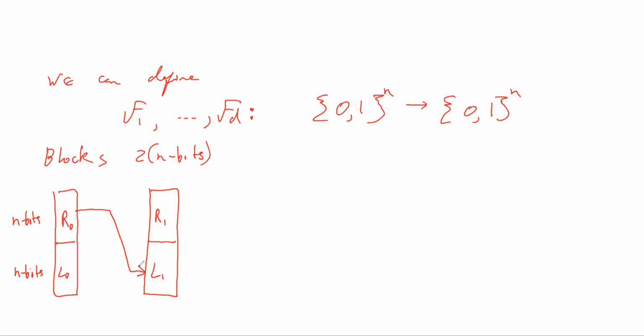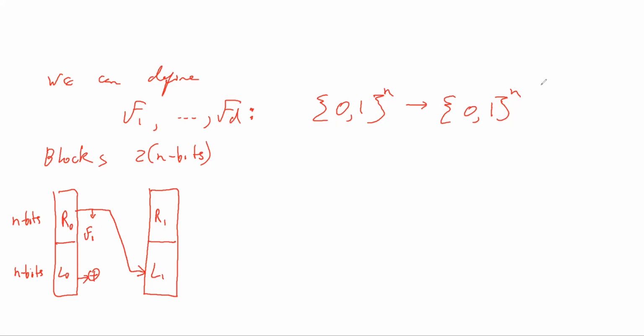However, to get R1, we need to do something. We're going to involve an XOR operation that will take L0 and XOR it with R0. But before we XOR it with R0, we want to run R0 through a function F1.